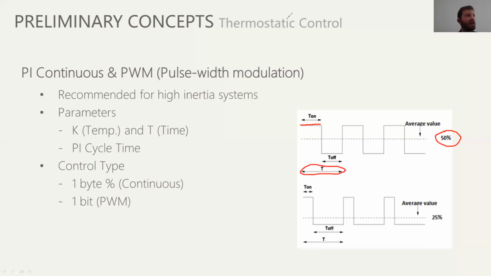And then for the remaining 50% of the time, so 7.5 minutes, it will be off. And again, in the new cycle, because the answer is still 50%, I will open for 50% of the time and close. So the PWM is the same principle as the PI, just giving that answer in 1 bit, converting that to a 1 bit on and off object instead of having a 1 byte 50% value, for example.